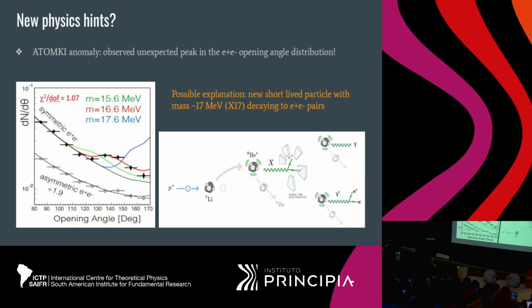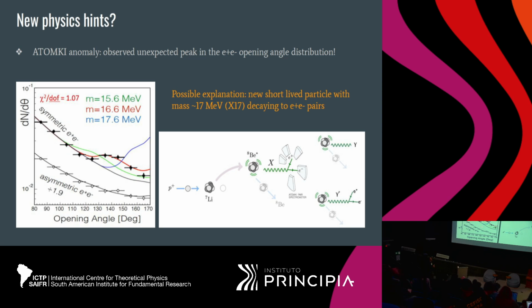They plotted the opening angle of the electron and positron, and they saw a weird bump feature, which we were not expecting, because in this kind of nuclear reaction, you expect to have a very flat distribution.